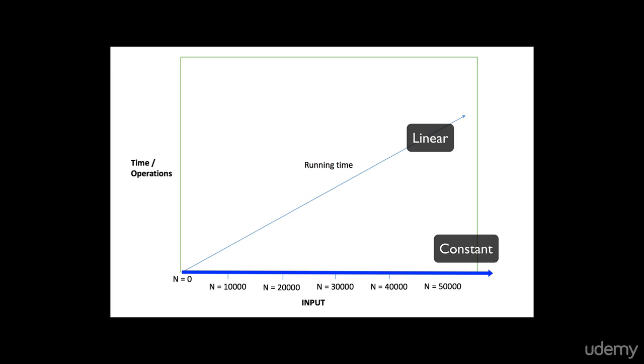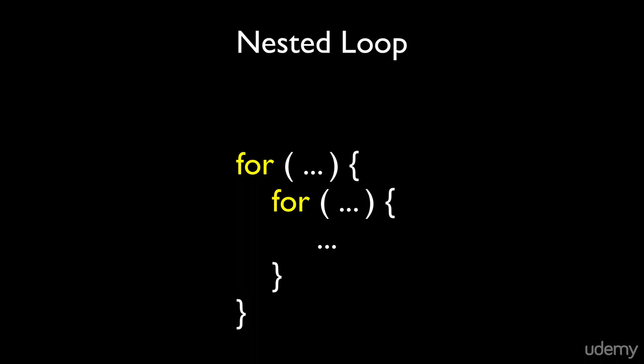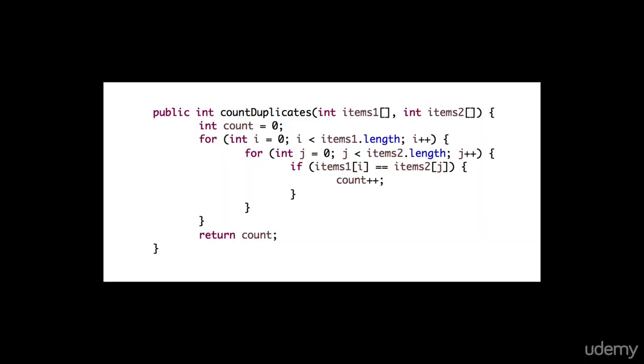Let's look at an algorithm that would be much slower than the one we have here. And that is a loop that's inside of a loop. And when we have loops inside of loops, things really start to slow down. For example, take a look at this method. This method is supposed to count the number of integers that exist in both of the arrays that are passed as input to this method.